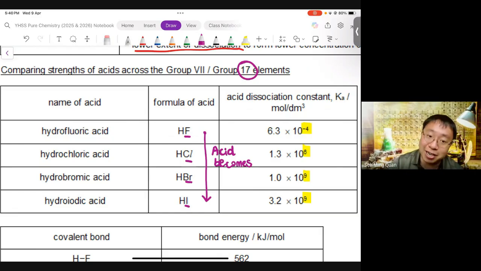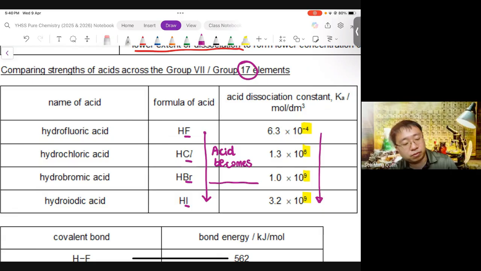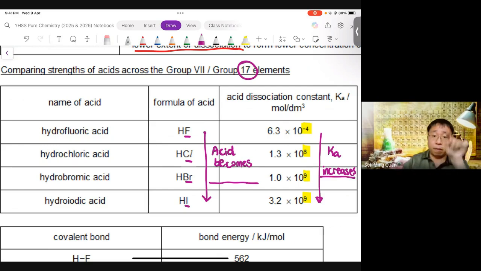I think you can quite clearly see. As you go down the group, the Ka becomes larger. The Ka increases. From the power of 10, you can see that 10 to the power minus 4, then 10 to the power 6, 10 to the power 9. The Ka increases. If Ka becomes higher, the acid becomes stronger.